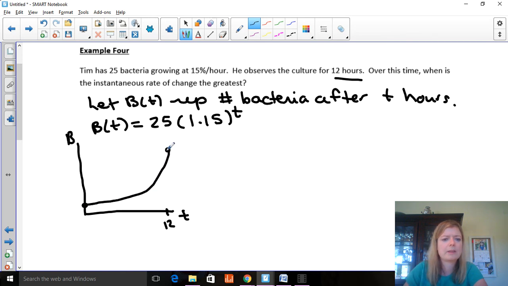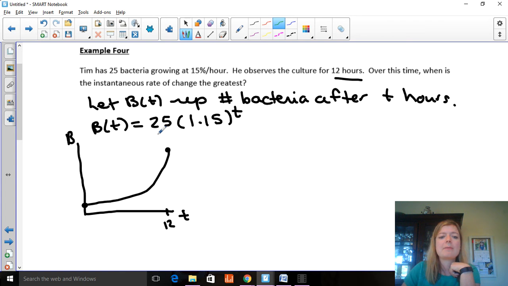Because we know that the instantaneous rate of change is represented by the slope of the tangent, we can just think about what's happening to the slopes of the tangents. Here they're positive, and they continue to be positive throughout this entire span.